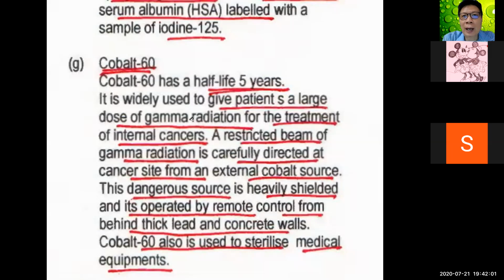Why gamma? I say gamma is safer compared to alpha and beta in medicine. It's like this: alpha and beta have stronger ionization power. When they go inside our body, it's more dangerous, because this ionization will ionize our body cells, our blood cells, our nerve cells.